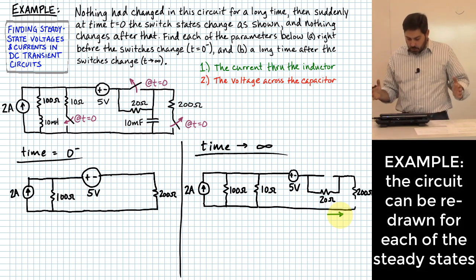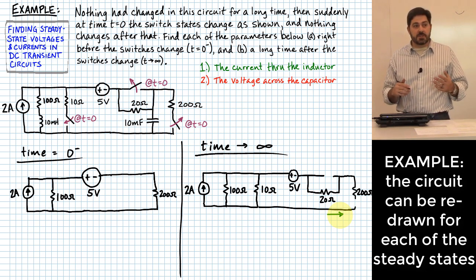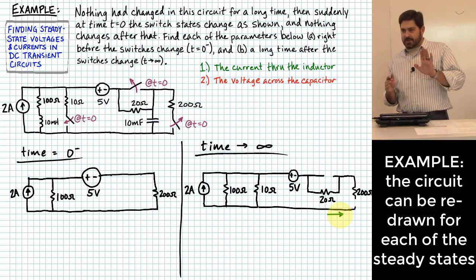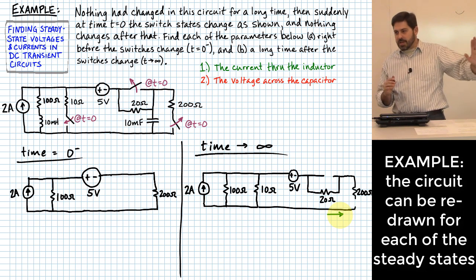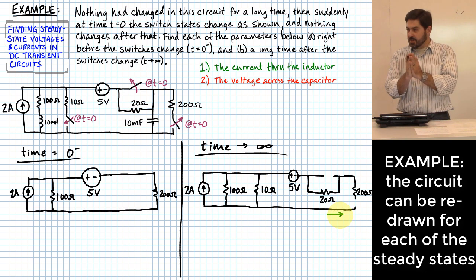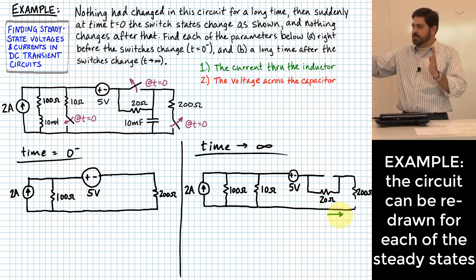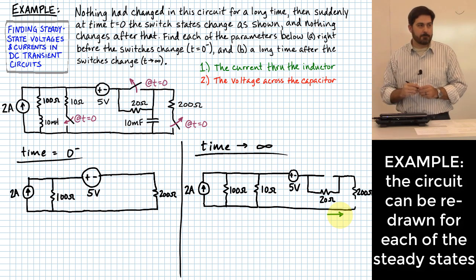So this is kind of our first step when we're doing one of these steady state analyses. It's a good idea to actually go ahead and redraw the circuit at each of your states. Usually there's one that for a long time it's been a particular state, and so it's going to be that right before something changes, and then it's going to reach a new steady state if you let it go on into time equal infinity or approaching infinity.